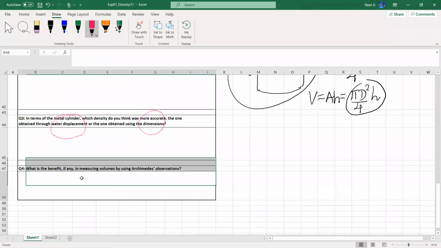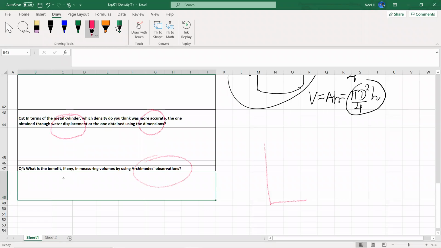And again, the last question: what is the benefit, if any, of measuring volume by Archimedes? The water displacement method, or the beaker method, is actually the Archimedes principle. So why is that useful? I mentioned that earlier: the stone, for example, or the padlock, doesn't have a proper geometry. Technically, you can't measure the dimensions at all.